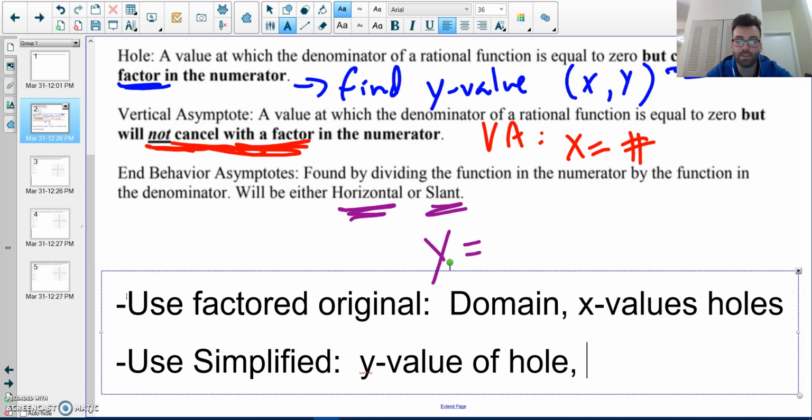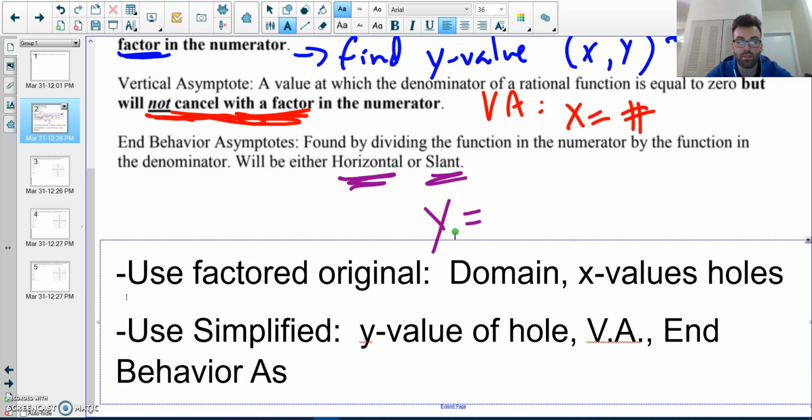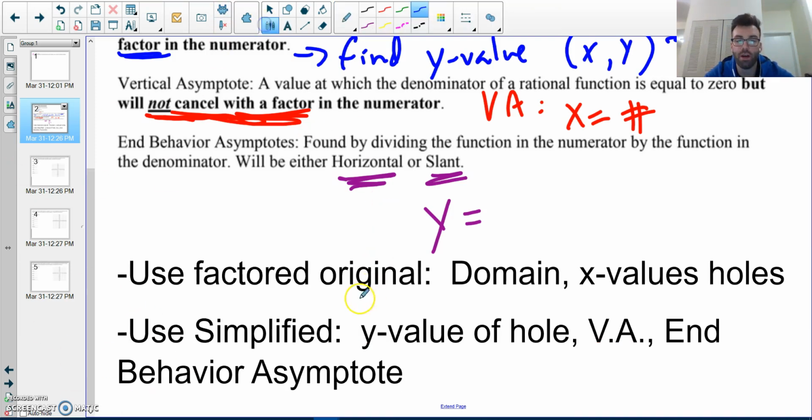This will also help me find my vertical asymptotes and my end behavior asymptote. So my factored form will help me find the domain of my x values. My simplified original will help me find the y value of my hole, my vertical asymptotes, and my end behavior asymptote.